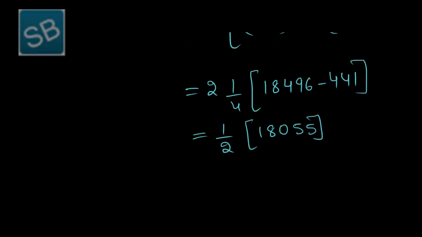That gives 2 nines are 18, 0, 2 2s are 4, 2 7s are 14. So this is the answer to get this value.